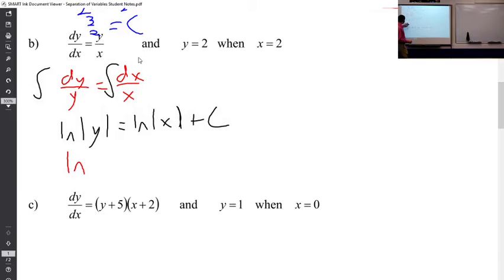Natural log of the absolute value of 2 equals the natural log of the absolute value of 2 plus c. Even if you're struggling with the logarithms, I hope that you can figure out that c is 0.